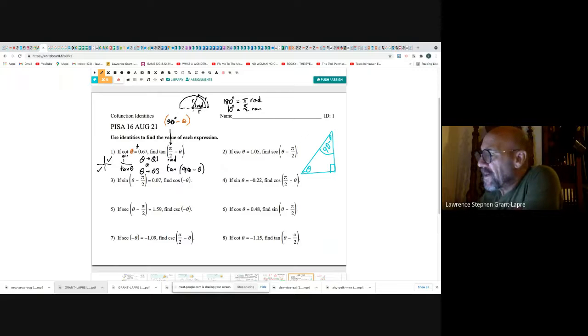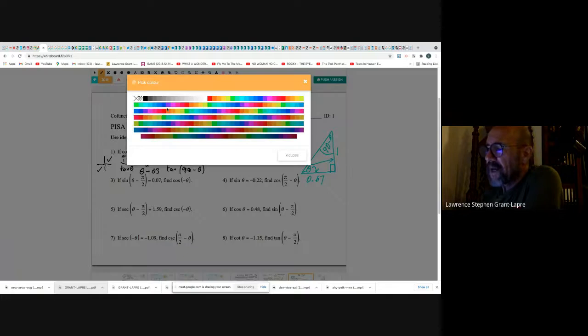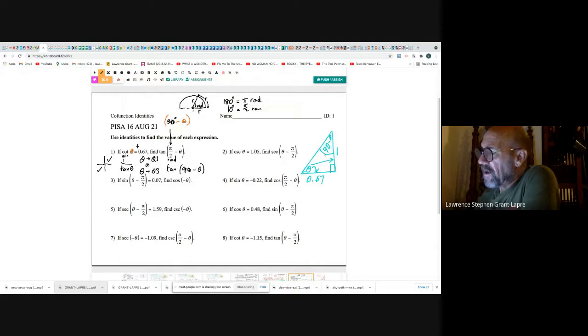Now cot of theta is adjacent over opposite. So if that's 0.67, this would be 1. So adjacent over opposite equals 1. Therefore, what's tan of the other angle? Opposite over adjacent. It's also equal to 0.67.